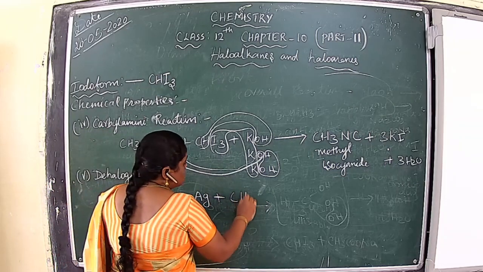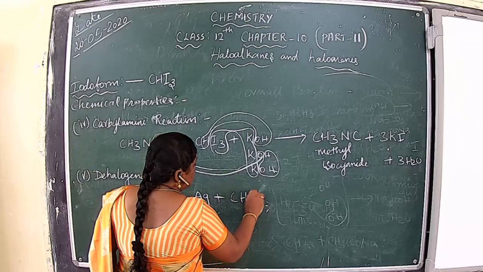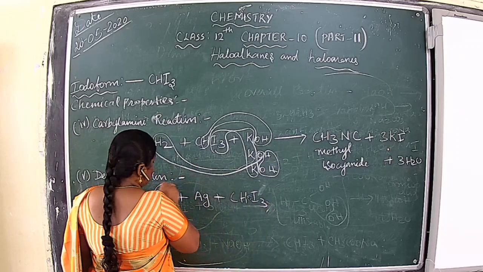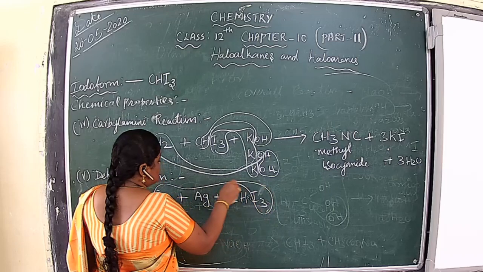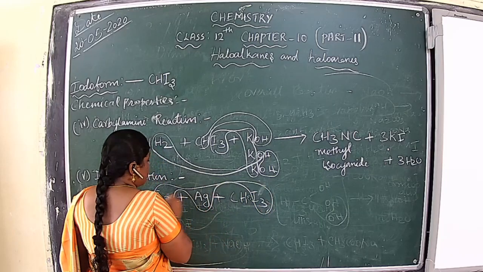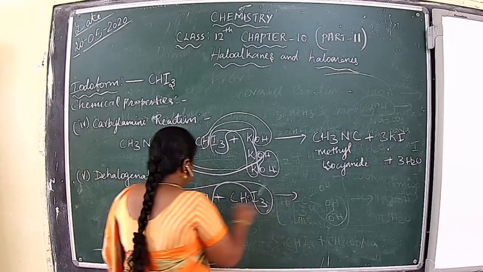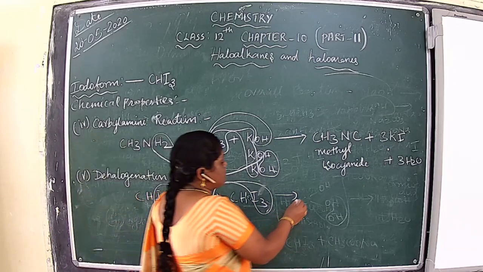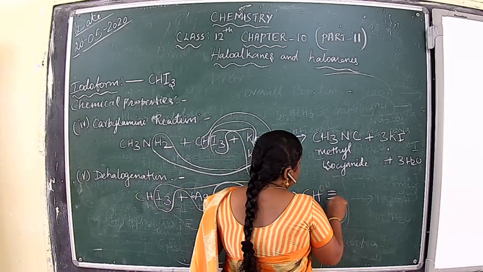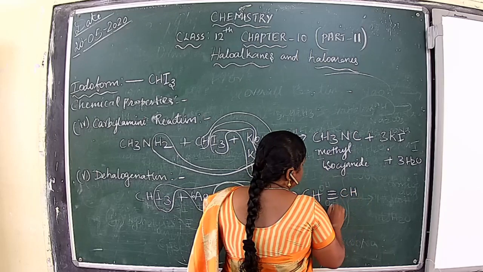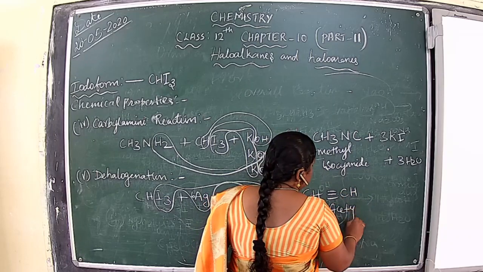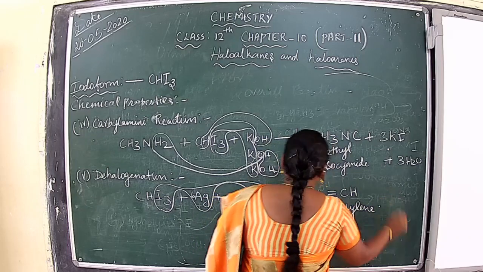Silver iodide will go out. Yes or no? So 6 molecules of silver we can take. Then we can get CH triple bond CH. That name is acetylene.